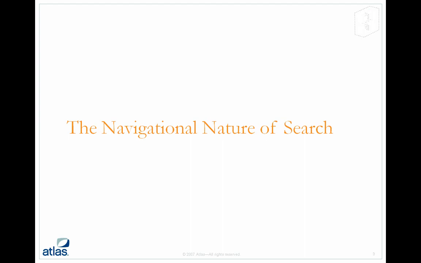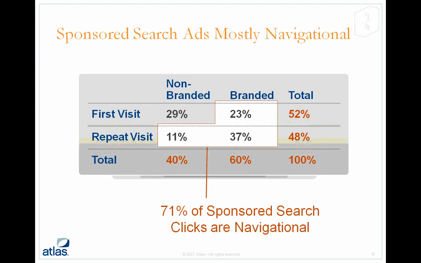We were trying to quantify how many search clicks were either repeat visits, so somebody just using search to navigate the web, or clicks on branded terms. Again, still navigating the web, but they knew exactly what they wanted. The interesting thing that we found was that 71% of sponsored search clicks were navigational. That's what's called out here in this table. I'm not going to walk through the entire table, but the highlighted section represents 71% of search clicks and about 50% of advertisers' dollars.